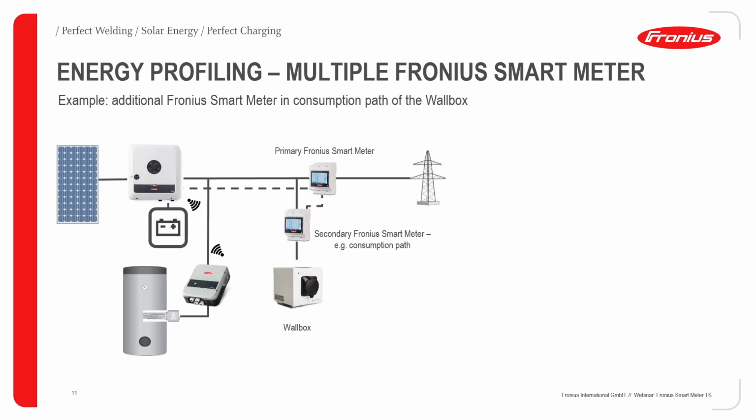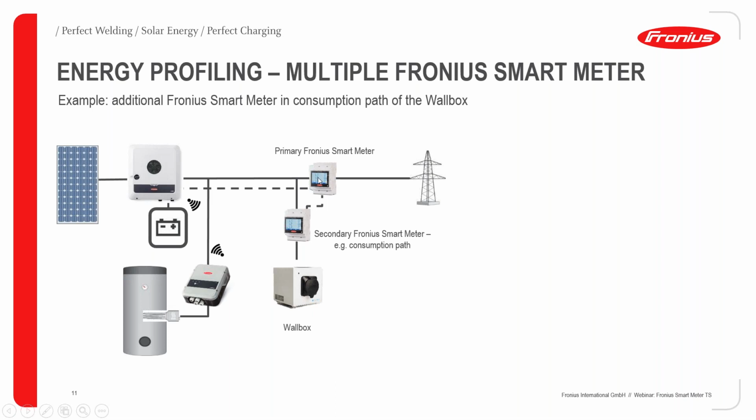Yeah, we initially talked about the energy profiling, which is actually the use of multiple Fronius Smart Meter in a system. And as an example, we have here a Gen24 inverter with a battery connected. We have a Fronius Ohmpilot connected also for producing hot water with surplus energy. And for that, we need, of course, the primary smart meter.